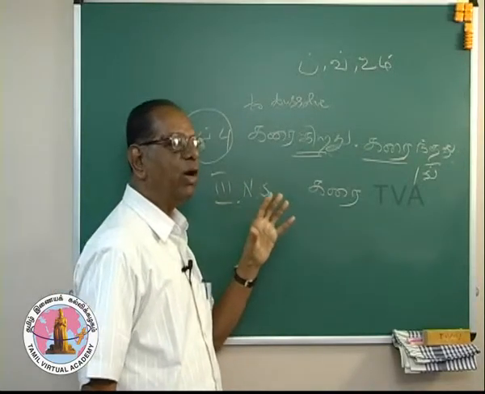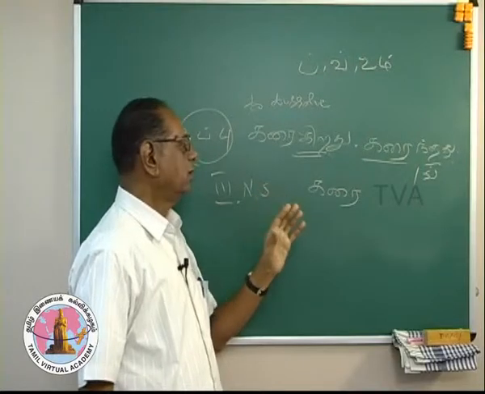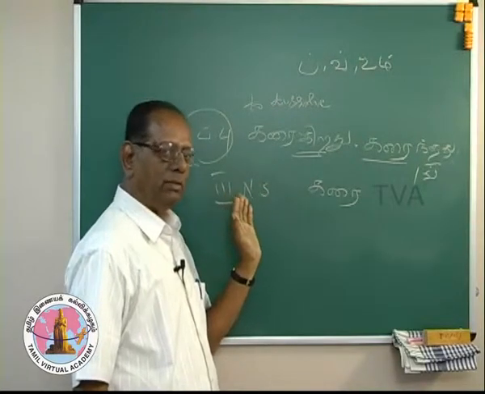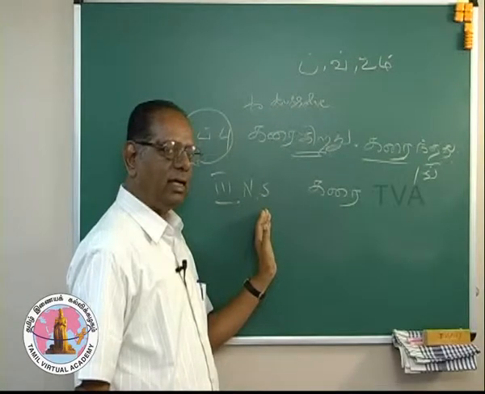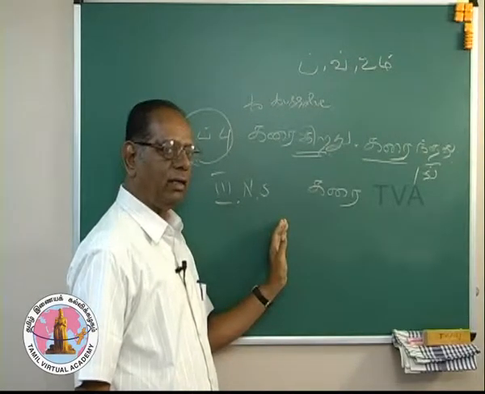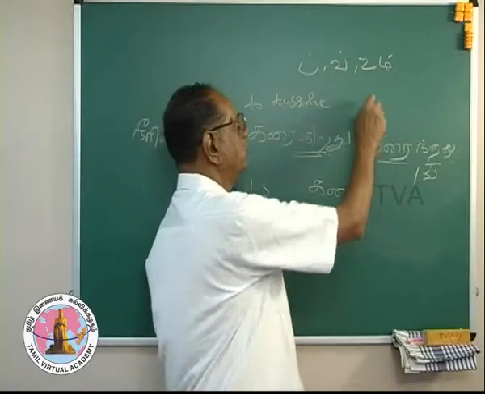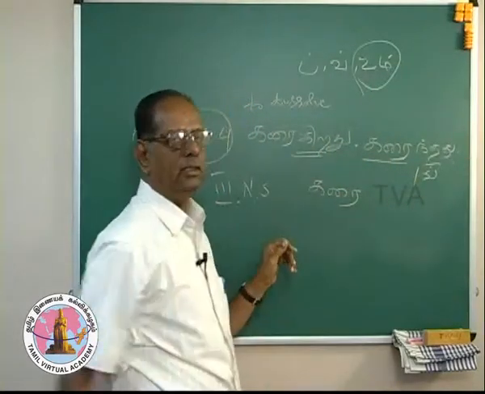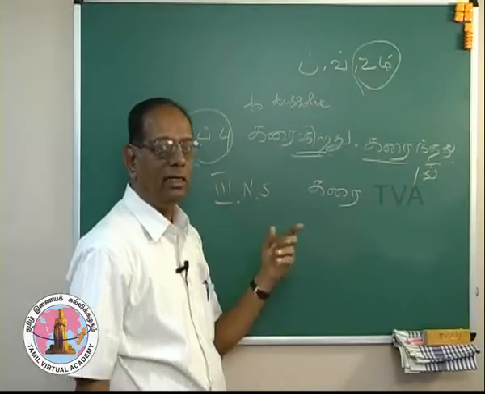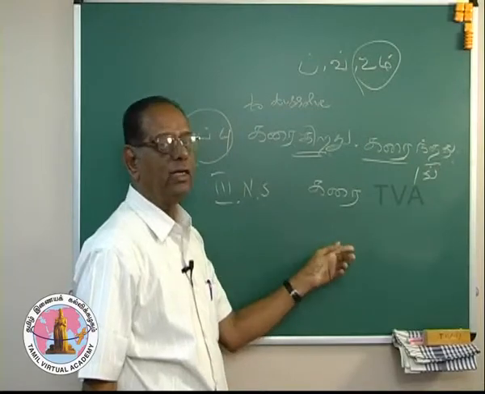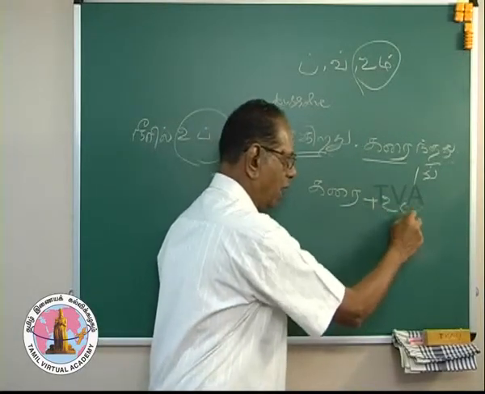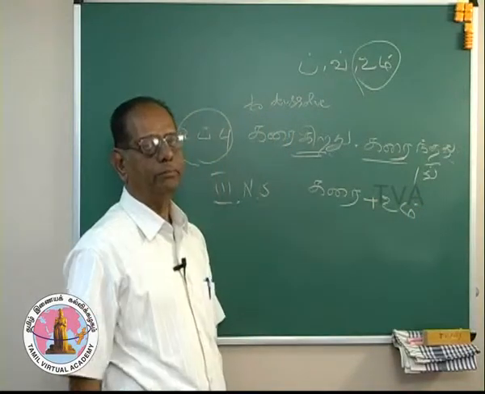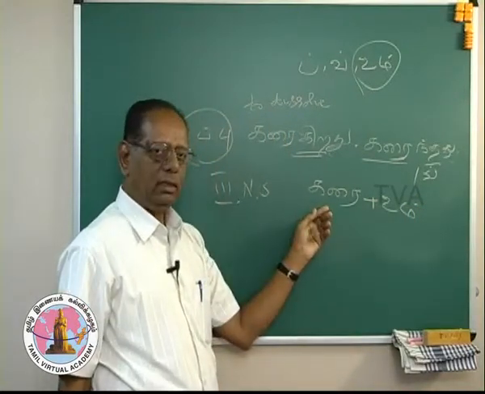We did have a formula then. The subjects in the third person, neuter gender, and singular number will have this as the tense marker for the future tense. So naturally you have to add Karai plus.